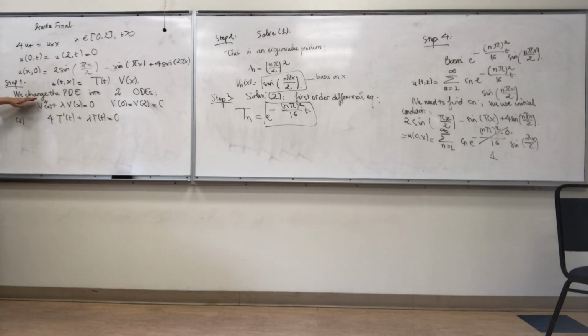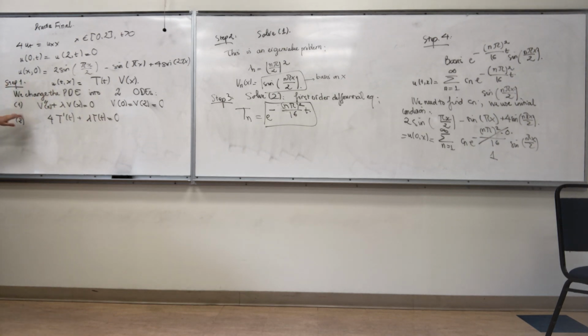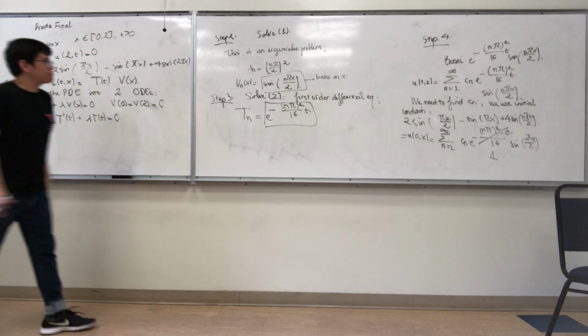So the idea is you change the PDE in which you have T and X into 2 ODEs in which you have either only X or only T, right? So when you plug this into the equation, you're going to get a second order equation in X and a first order equation in T.